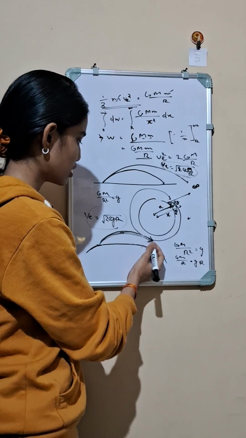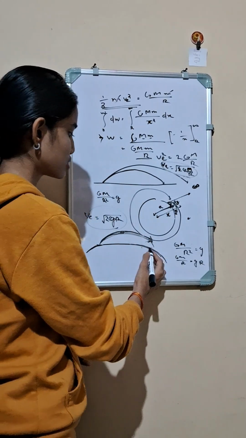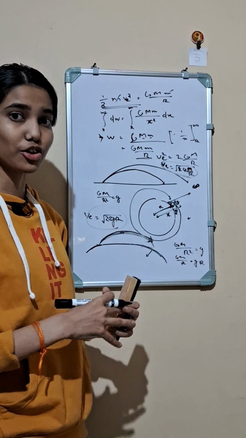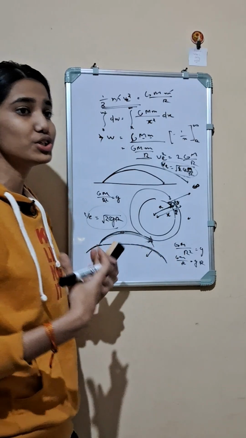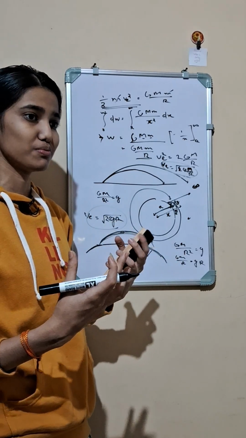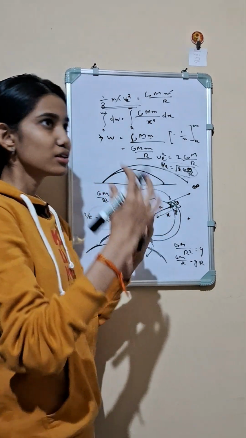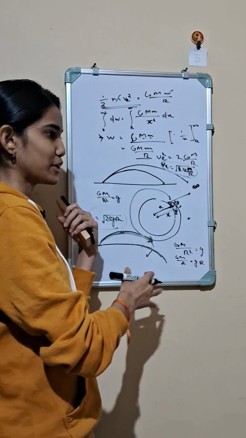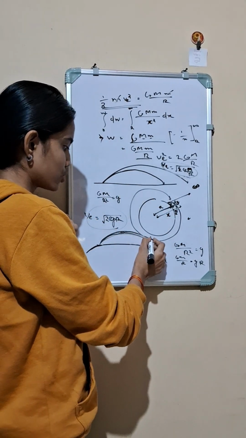The gravitational force is working on it, the force of free fall, right? So here the astronauts feel a free fall in space stations. And what is this velocity?